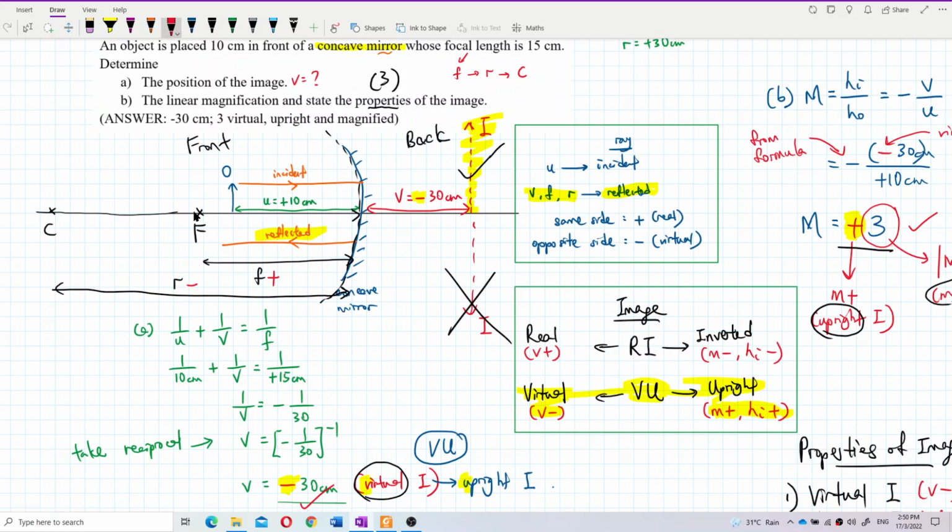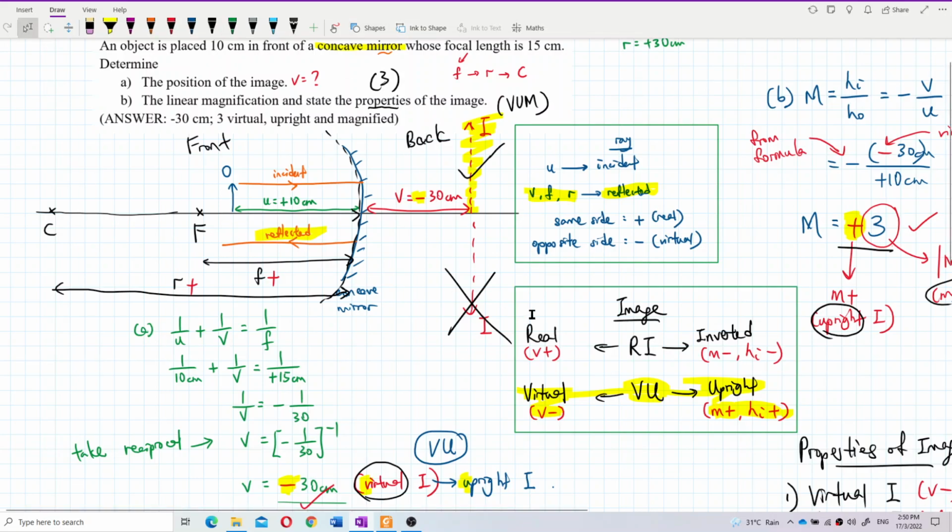So the object distance U is actually less than the focal length. The object should be here. That's why you get a VUM image, a virtual upright magnified image.